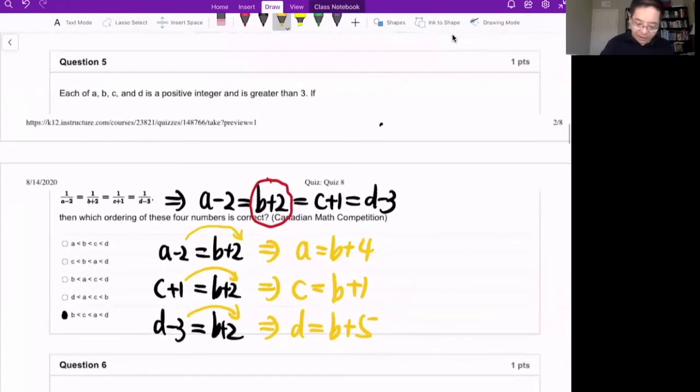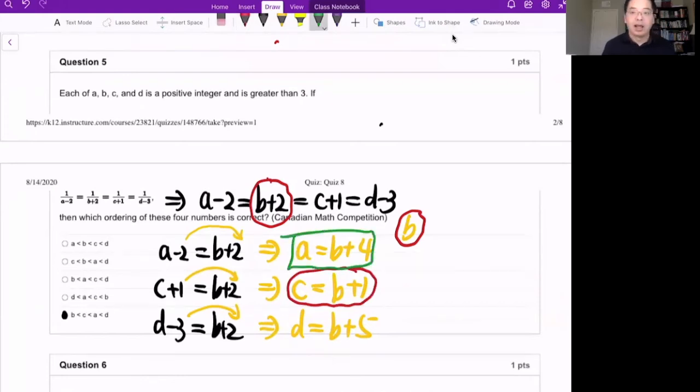Okay, now, given this information, we have b itself right here. So this is b, and clearly this one is the smallest. The second smallest is c, that is b plus 1. Then we have a, which is b plus 4.